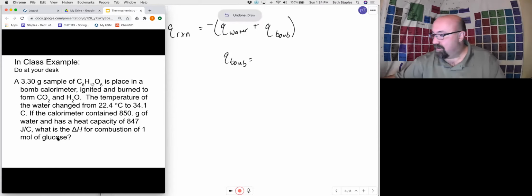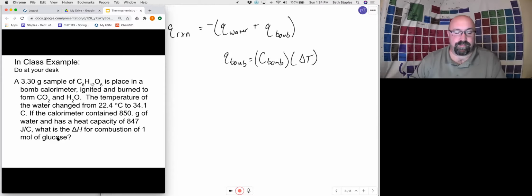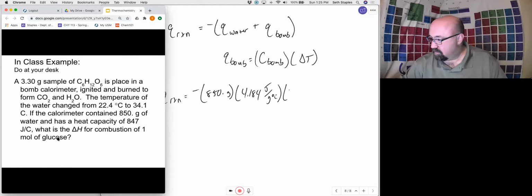Remember, our Q of the bomb is our C of the bomb, our specific heat of the bomb, times our delta T. This is an easy enough calculation to do. And so our Q of the reaction is going to equal our Q of the water, MC delta T. We have 850 grams of water, times C of water, times our delta T of the water, 11.7 degrees C. We're going to add in the Q of the bomb.